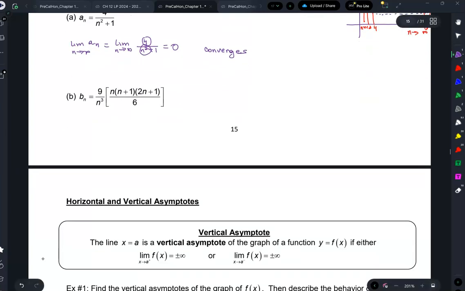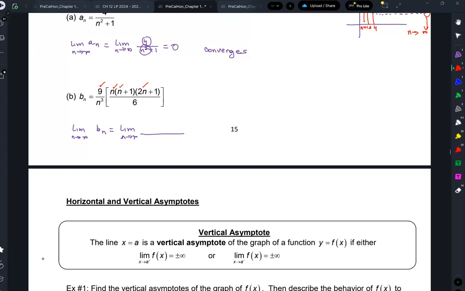Now we want to find the limit as n approaches infinity of b sub n. Remember, we're just going to take the leading term over the leading term. In the numerator, the leading term will be 9 times n times n times 2n.